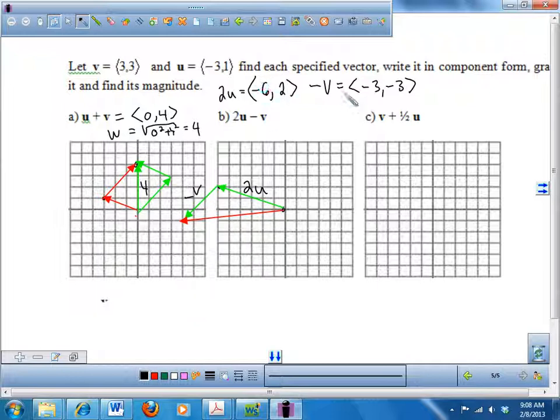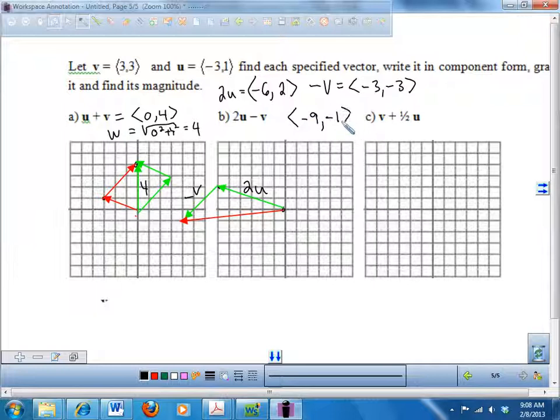And then to find the magnitude of that vector, I could do it algebraically by adding these two together. So algebraically, this would be minus 6 plus minus 3, which is minus 9. And 2 minus 3 is negative 1.